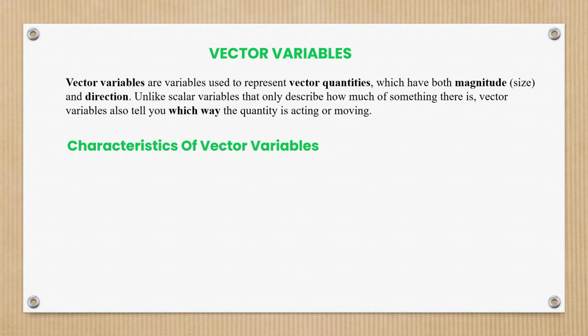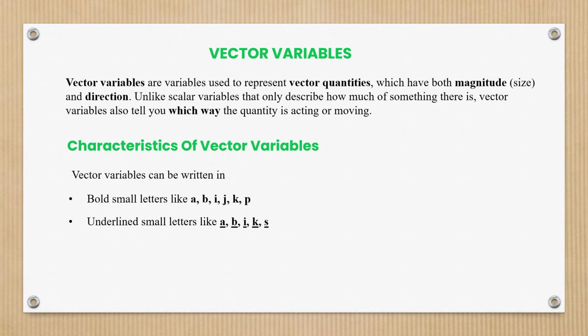So we have different characteristics of vector variables. Now vector variables can be represented in bold small letters like a, b, i, j, k, p, so just name it. So this is one of the ways we may label it as we learn. Then we can also label them with underlined small letters, as you can see here.